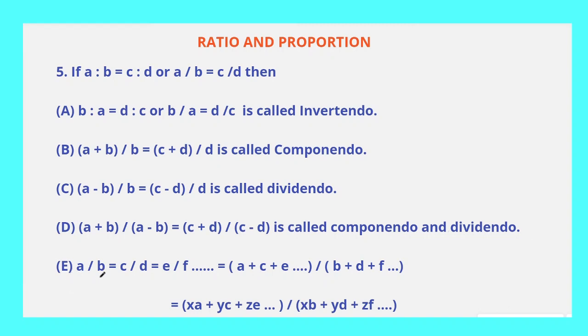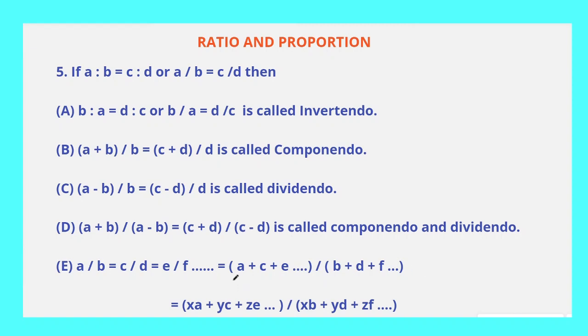Further, if A upon B equal to C upon D equal to E upon F, and we continue like this, then this is equal to the sum of all the numerators divided by the sum of all the denominators, which is equal to (A plus C plus E and so on) upon (B plus D plus F and so on).